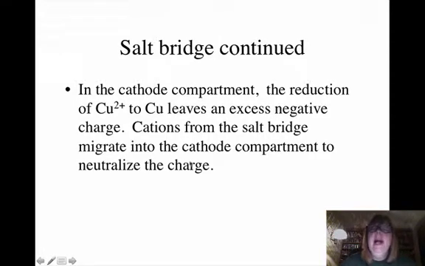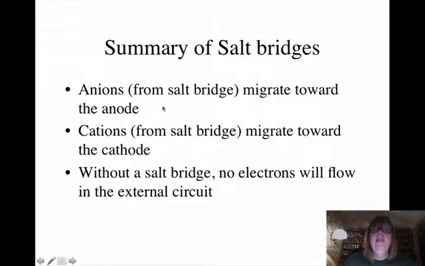So in the cathode compartment, we've got these copper 2+ ions that are being reduced down to copper metal, and so that's leaving an excess negative charge in that compartment. And so cations from the salt bridge will go to the cathode compartment to neutralize that charge. So let's summarize our salt bridges. Anions migrate to the anode, and cations from our salt bridge migrate to the cathode.